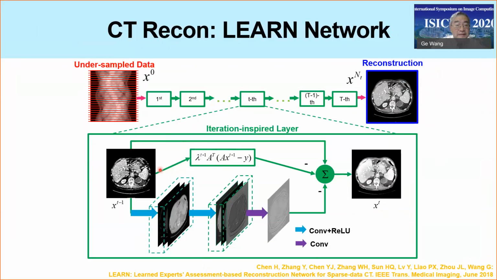In each stage, we have the traditional iterative reconstruction incorporated, and in parallel to that, you have a trainable imaging chain. As a result, we could obtain very good results for sparse-view and field-of-view limited data reconstruction.